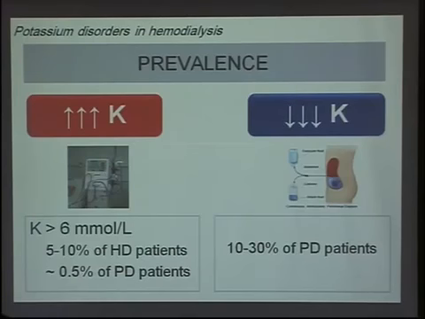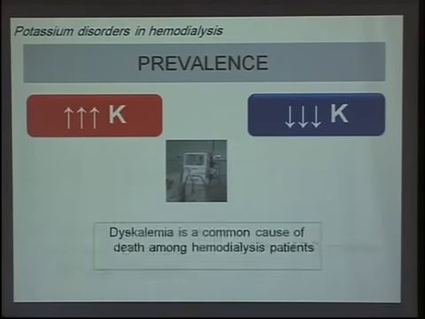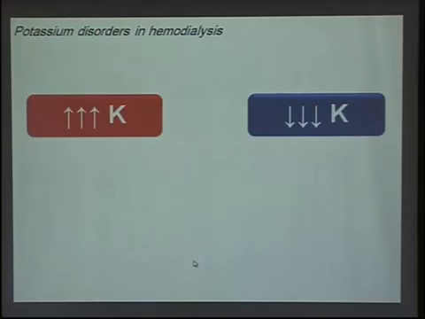On the other hand, up to 1/3 of peritoneal dialysis patients will have hypokalemia. Whether hyper or hypokalemia is a very important issue in hemodialysis, and it is a common cause of death among hemodialysis patients.